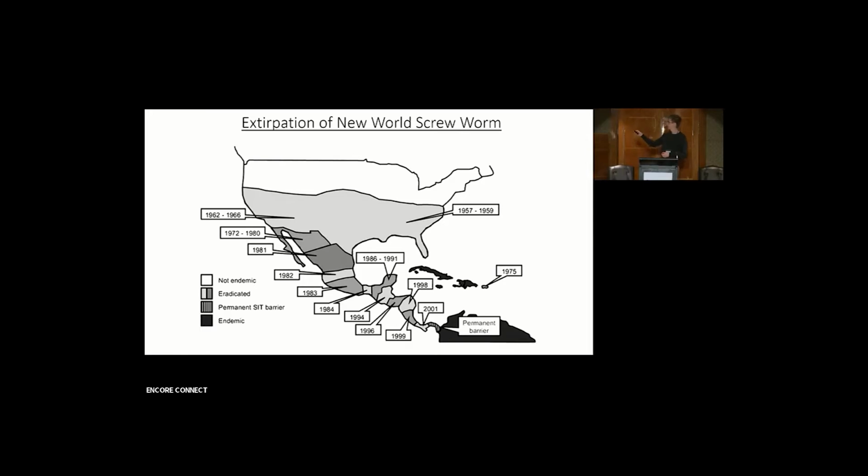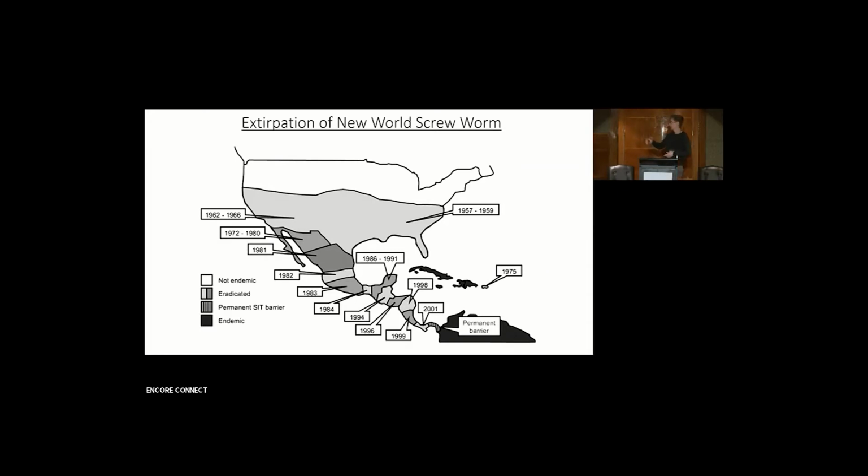Pretty awful. Using the release of sterilized screwworm, in this case both males and females, they were able to successively push the screwworm out of North America, then out through all of Central America, and now there's this permanent barrier down by southern Panama where there are factories churning out millions upon millions of these every week.